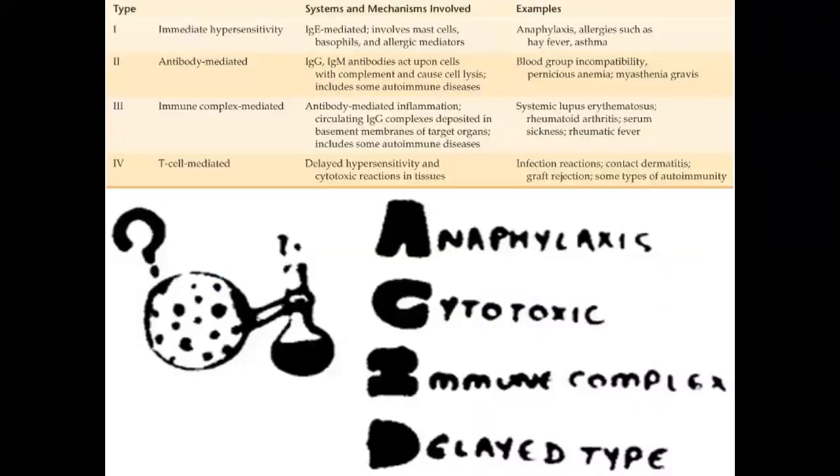So again, this is a table just to summarize. So A is anaphylaxis, C is cytotoxic, I is immune complex, and D is delayed. This is just how to remember the four hypersensitivity reactions.